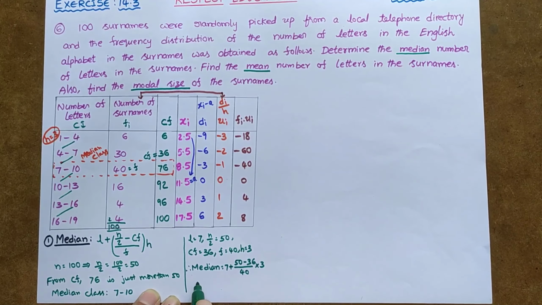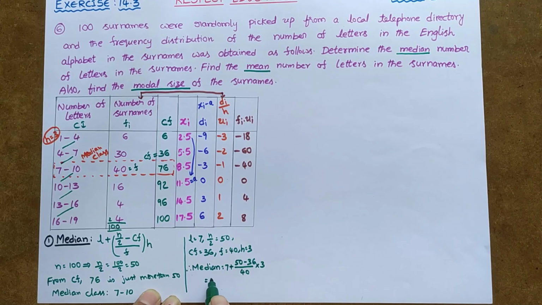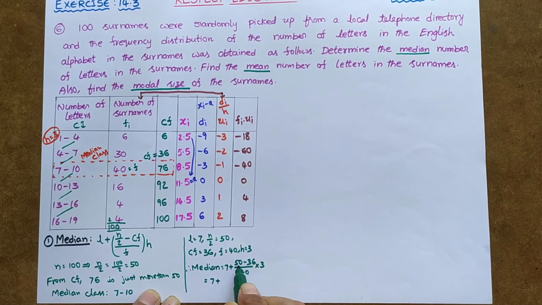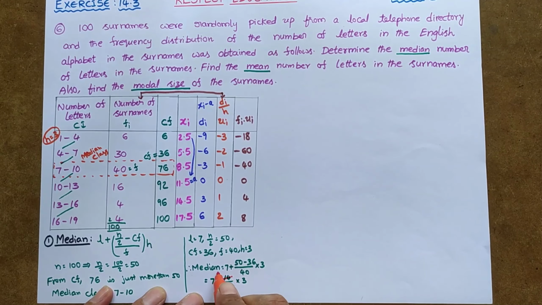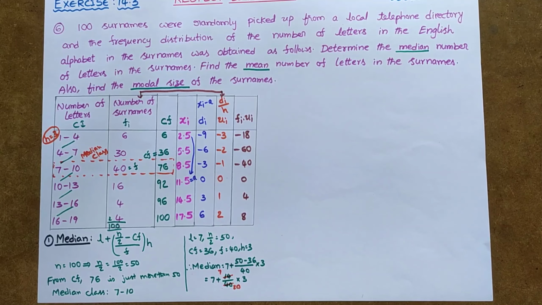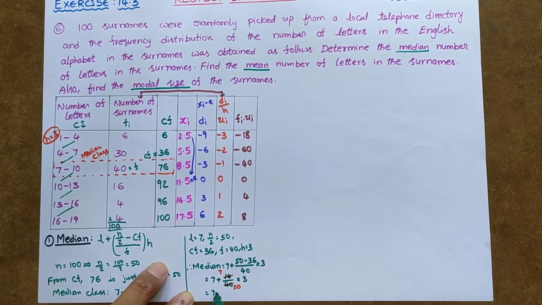Now let us simplify this value. 7 let us write as it is. 50 minus 36 is 14 by 40 into 3. So on cancellation we get 2 7s are and 2 20s are, right? This is 7 plus 7 3s are 21 by 20.